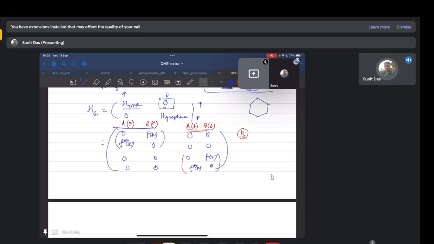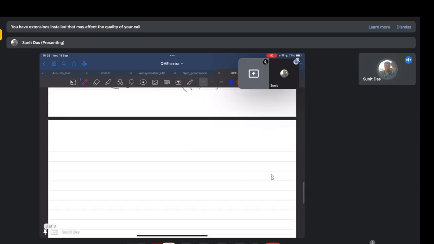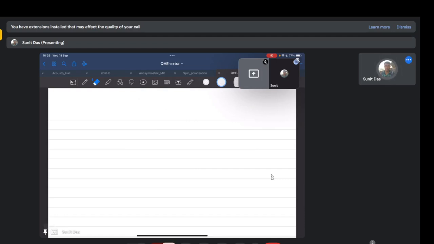Now let's write the Hamiltonian in k space for the Kane-Mele term. This will obviously be in spin space. We have some potential term, let's say a sublattice potential plus minus V. Just a second.